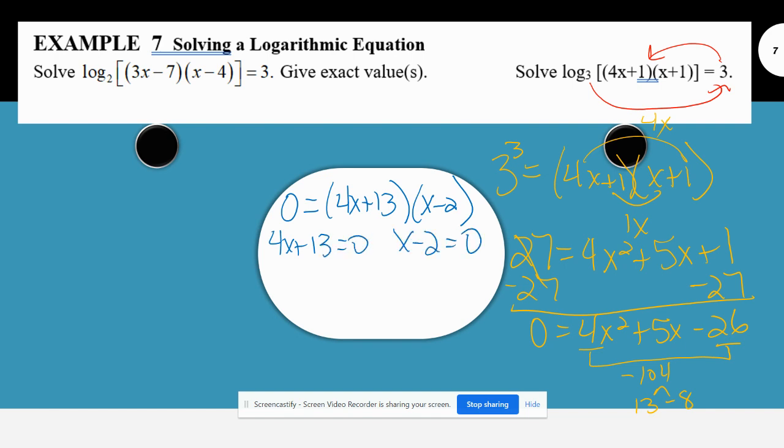X minus 2 is equal to 0. So x is equal to negative 13 fourths, and x is equal to positive 2. Check your work and make sure that none of these are extraneous, and both of those are good answers.